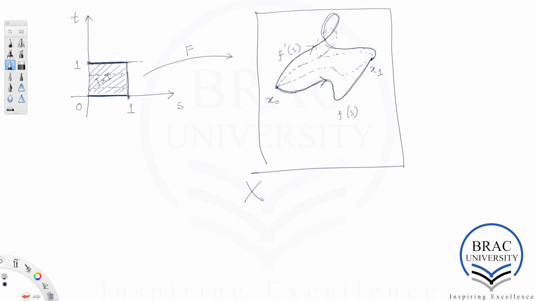So we see that as we vary t from 0 to 1, we get a family of paths in big X. Okay, and this family varies continuously between the two paths f of s and f prime of s. So in this sense, big F represents a continuous deformation of the path small f into the path f prime.